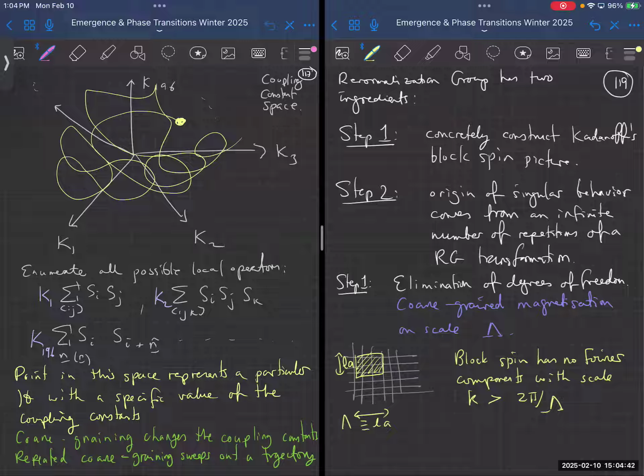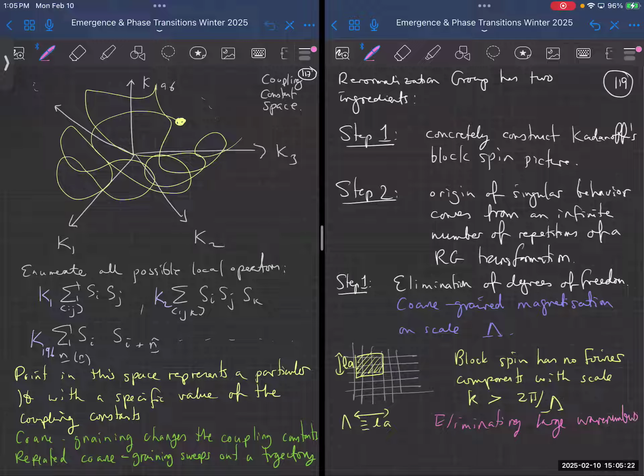Now any configuration information on a scale within the block, now that we've replaced all the spins in the block by just one representative spin, we can't see what was in the block in the first place. So we have no Fourier components on a wave number larger than 2 pi over lambda. So we can think of this as having eliminated degrees of freedom, eliminating large wave numbers.